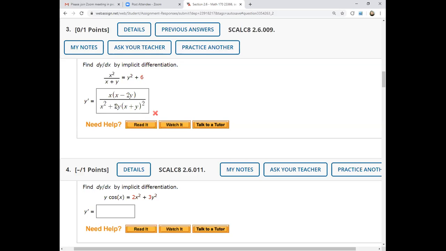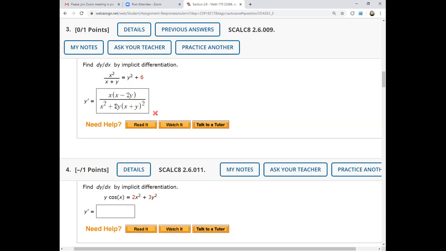Okay. So then if I move this over, I have x squared plus 2xy equals 2y dy dx times x plus y squared.